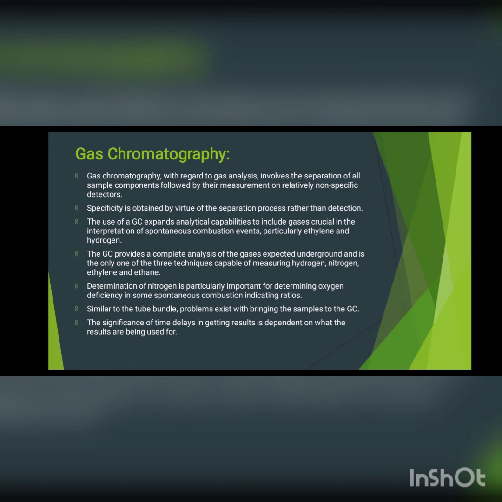The significance of time delays in getting results is dependent on what the results are being used for. So it depends basically on the time for collecting samples and for analyzing. It takes time, and it depends on the gas which we are analyzing. And these are all the points which you can read.